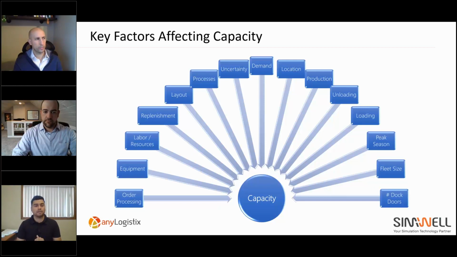So quite an array of key factors, and I'm sure there's quite a few that are probably not listed here, but they all have a direct impact on capacity. Because of the potential impacts, you always have to take into consideration that some of the key factors are not happening as frequently, which are more event-driven. And so how do you deal with those kinds of things and make holistic solutions? Stochastic solutions come into play, and that's where anyLogistix falls into play.